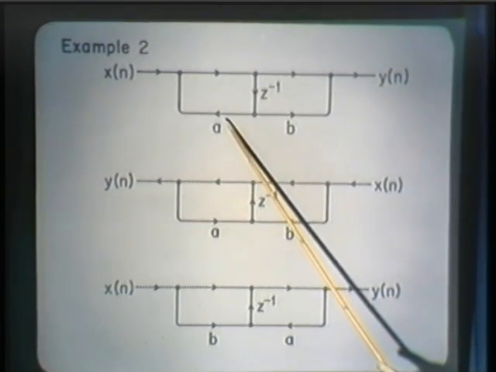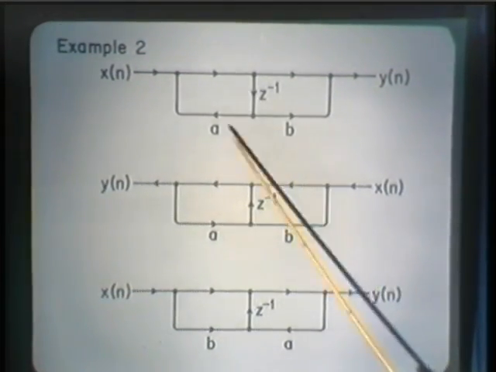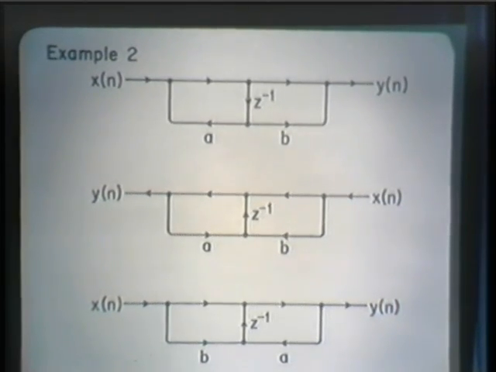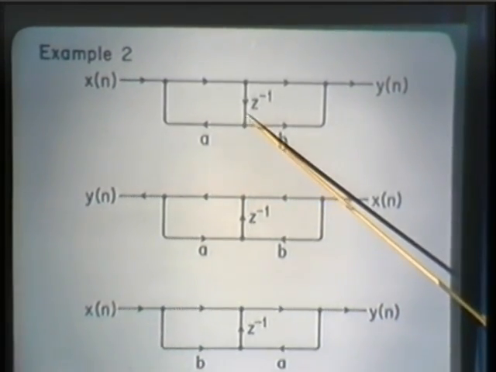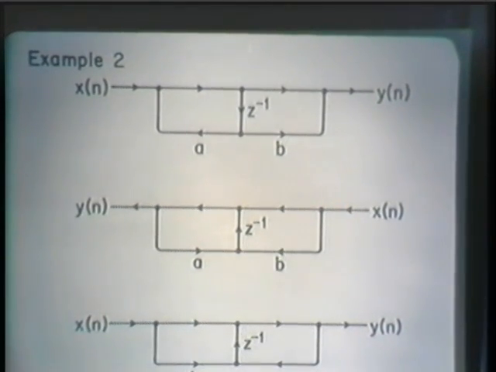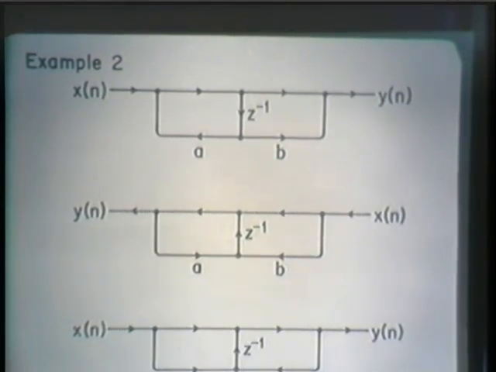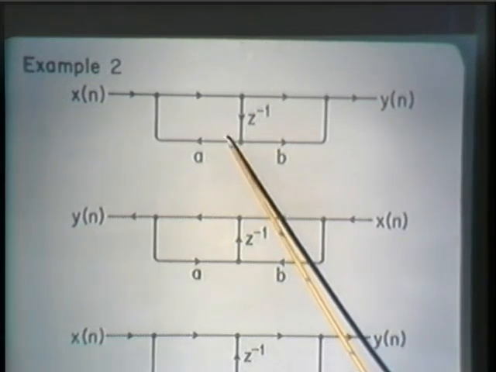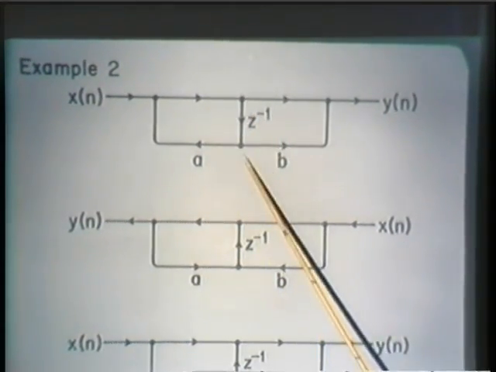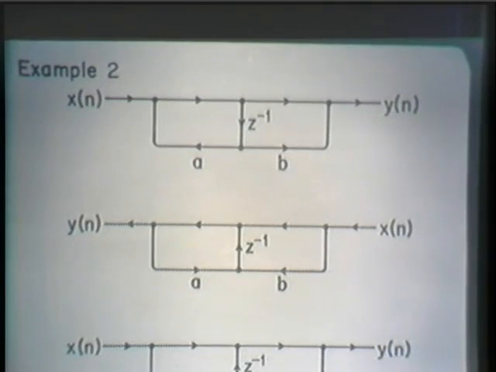This implements 1 zero and 1 pole. Here is the implementation of the pole and the implementation of the zero. This, in fact, is the first-order counterpart of the canonic structure that I showed several view graphs ago. And so it's one pole, and that's implemented through this loop, 1 zero, and that's implemented through this loop.